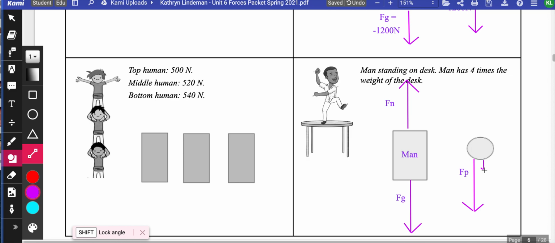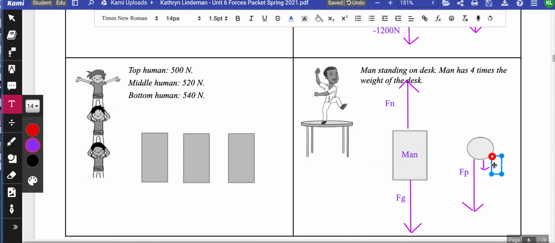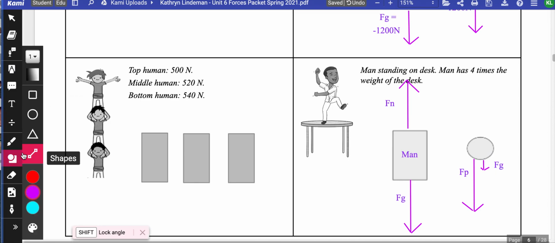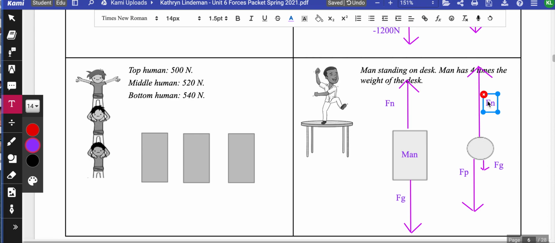So I just try to make that arrow about a quarter of the size, and that's Fg. This Fn pointing up from the table is going to be the longest arrow, again, because it needs to be equal in magnitude to Fp plus Fg down here. Okay.